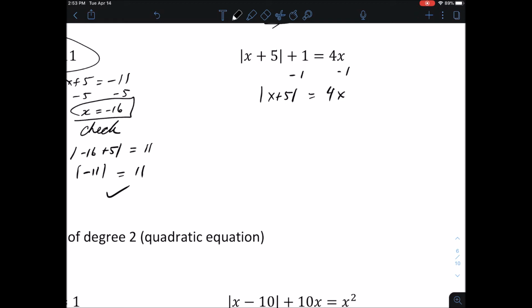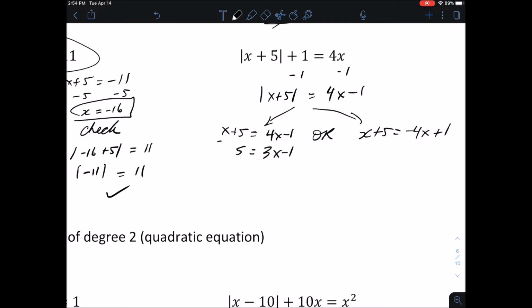Over here, I have to first move my 1 over. And then I have my 2 cases. X plus 5 is 4x minus 1, or x plus 5 is negative 4x plus 1, the negative version. So here I'm going to say 3x minus 1 is 5 by subtracting that x, and then add 1, x is 2.